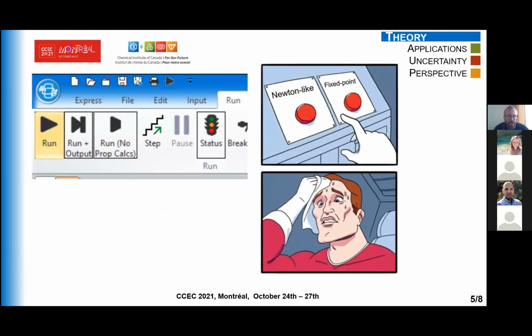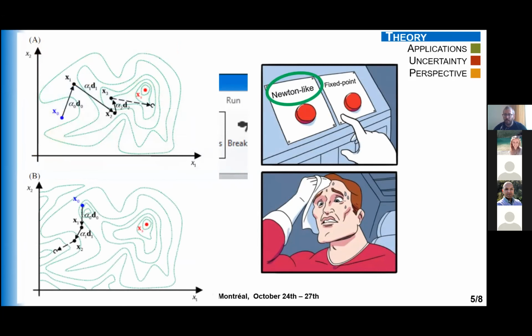But here, let's try to give at least an idea of how the two main algorithms work. So Newton-like methods calculate the Jacobian matrix, which is a matrix that stores all the first derivatives of our function for all the variables, and proceed in the direction of the derivative to find the local minimum. In the end, it is the Newton resolution algorithm.